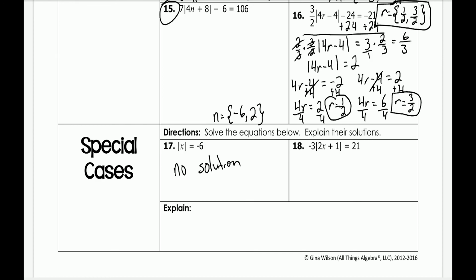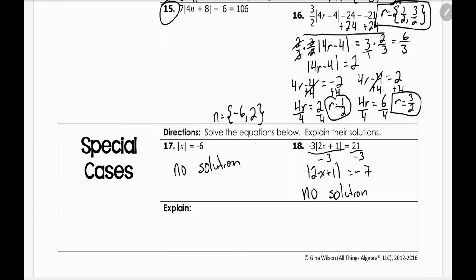Now, let's talk about number 18. We have negative 3 times the absolute value of 2x plus 1 is equal to 21. Let's start solving this. So in order to solve it, we have to divide by negative 3 on both sides. That leaves us with the absolute value of 2x plus 1 is equal to 21 divided by negative 3, which is negative 7. You stop right here, because now we can say that this has no solution, because the absolute value is equal to a negative number.